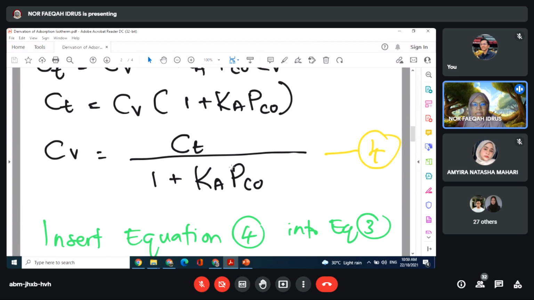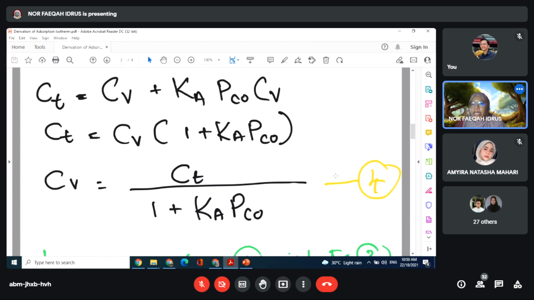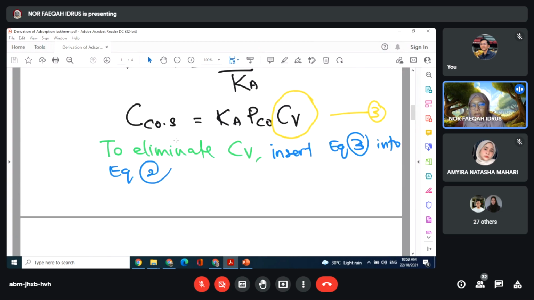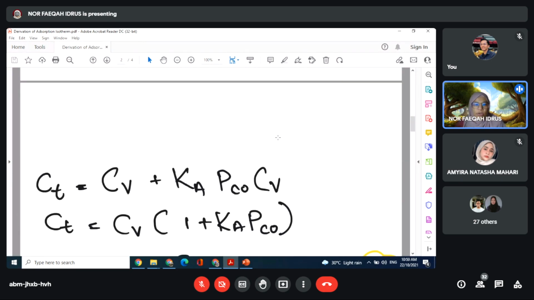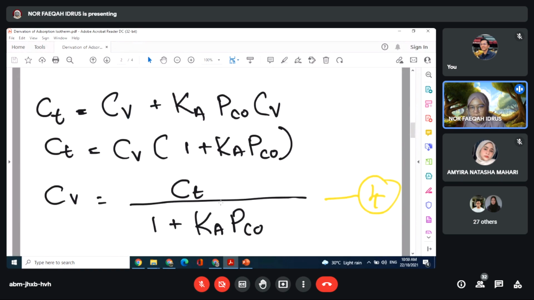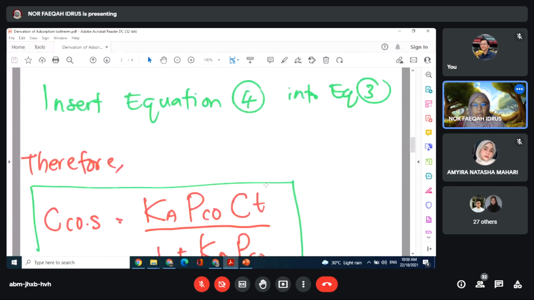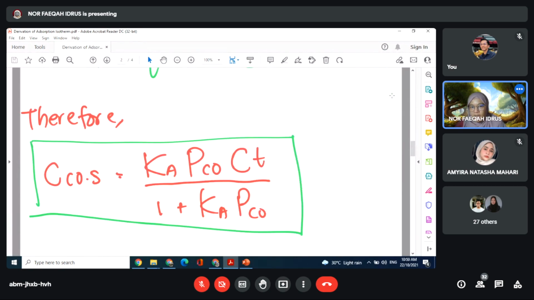When we have the CV equation, insert it back into the adsorbed species equation. This one has CV, we want to eliminate this CV. So we find the CV equation and insert it back into this equation. That's why I wrote insert equation 4 into equation 3.